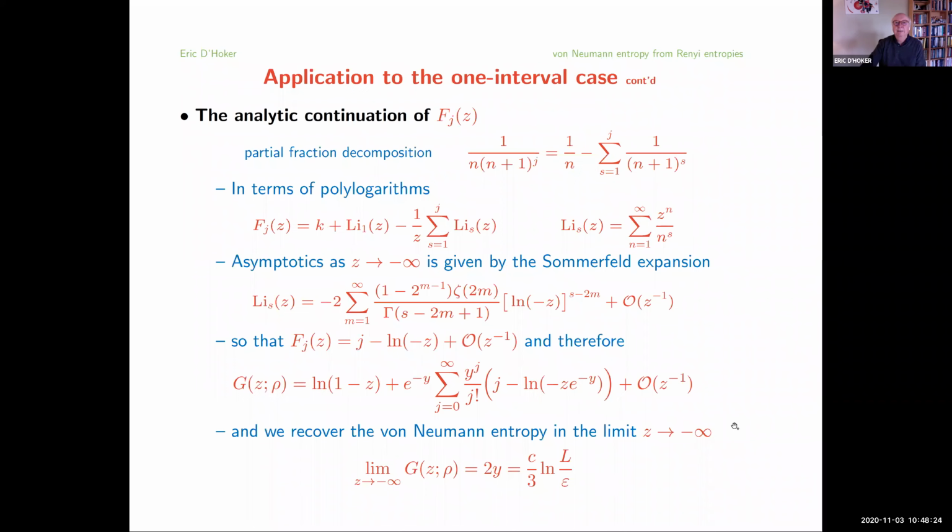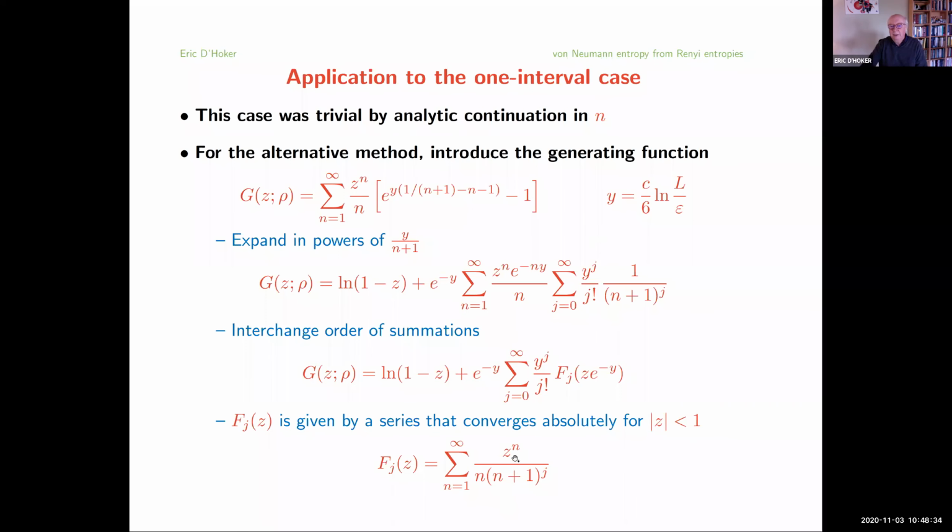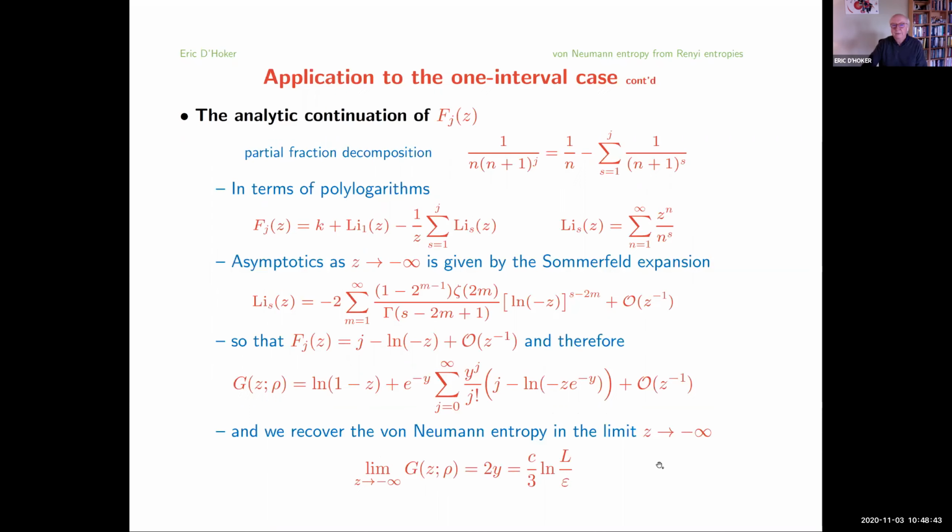So how do we do that? Well, you can use partial fraction expansion. And when you do that, then in fact, you know how to sum both contributions because you have sums of the type z to the n over n to some power. And those functions are so-called polylogs.